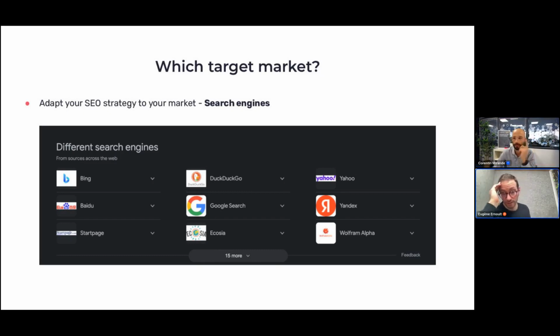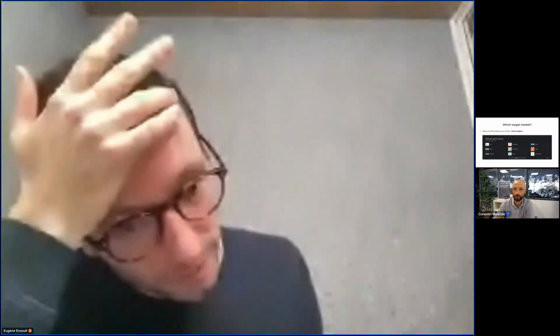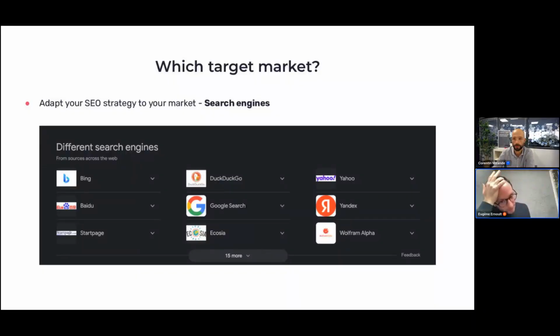Yeah, of course, Google is the leading search engine in the world, but there are others, especially if you're targeting China or, for example, South Korea, where they have a different main search engine and even browser used. It's important to take into account the different ways people discover your product.